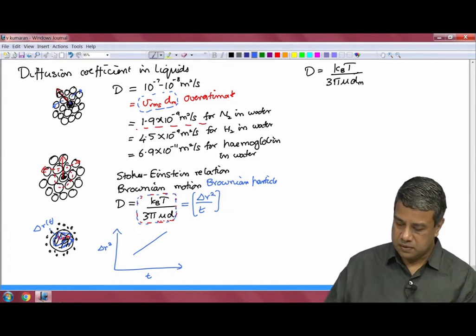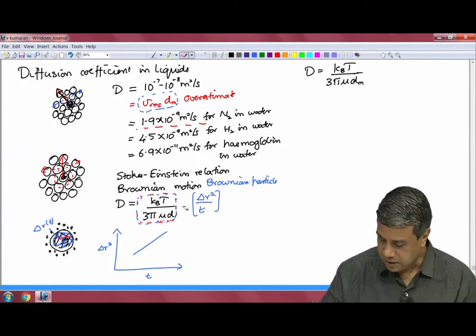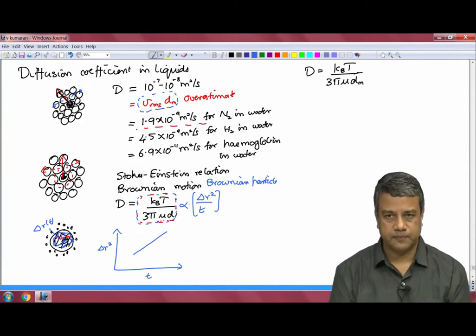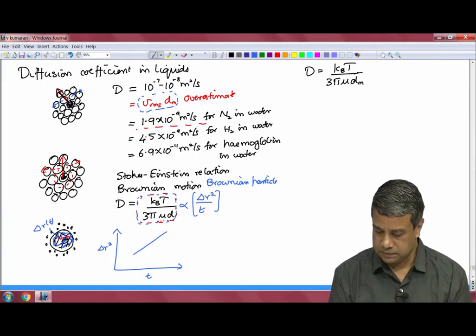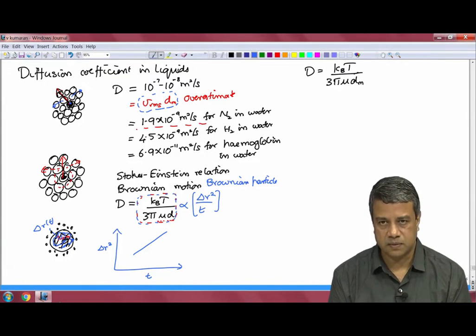I should note that it is not exactly equal, it is proportional to it. And there is a proportionality constant which is 2 in one dimension, 4 in 2 dimensions, and 6 in 3 dimensions.